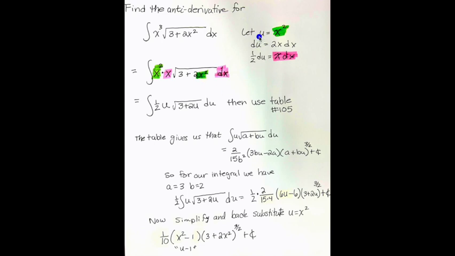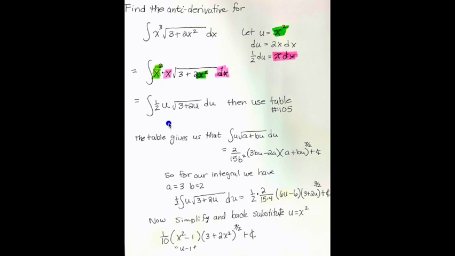But because of the way I set up my substitution, I let u be equal to x squared. So wherever I see x squared, I can substitute that with u. That is color-coded in green. So for this x squared, I'm going to replace that with u, and this x squared here, I'm going to replace that with u.